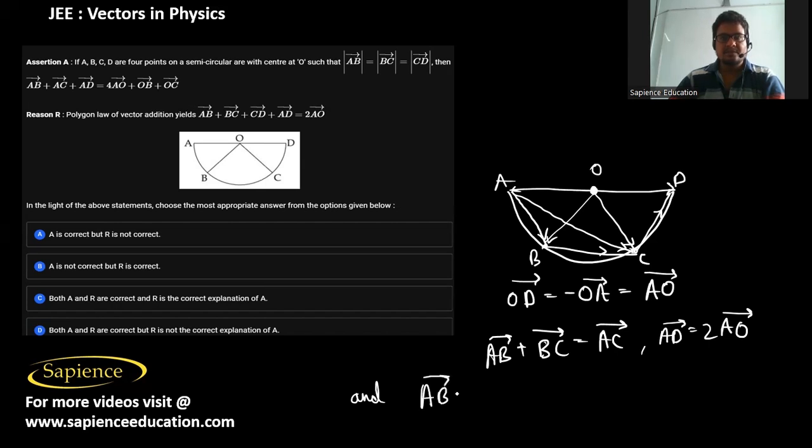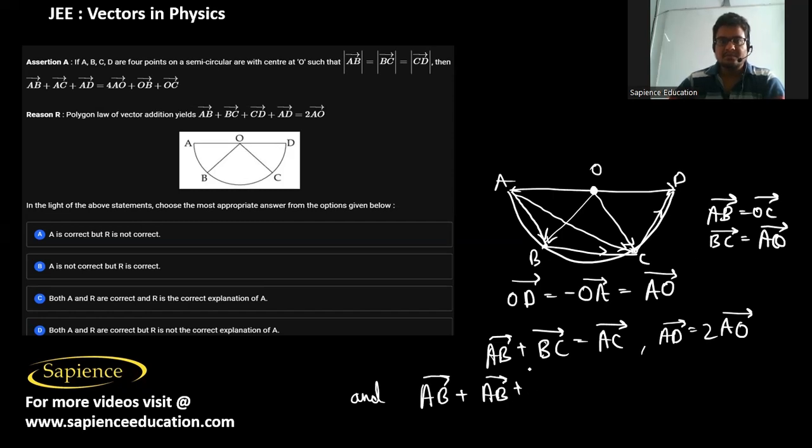So we can tell AB vector plus AC vector, and here we can say that AB vector is equal to OC vector also, and BC vector is equal to AO vector also, since they are parallel.